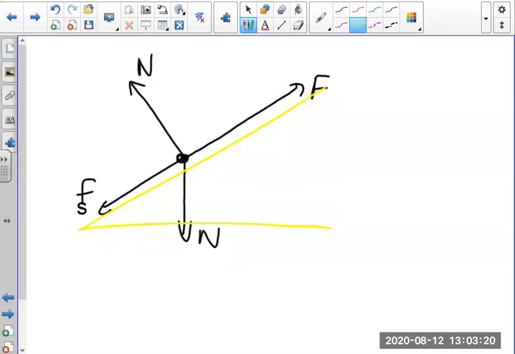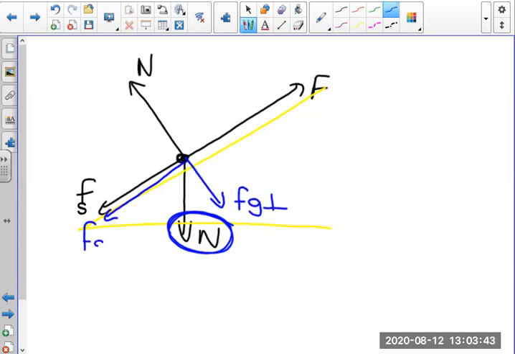It means that this weight can be divided into two components. It can be divided into a Fg perpendicular and a Fg parallel component.